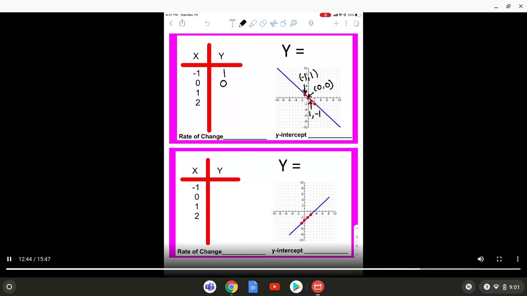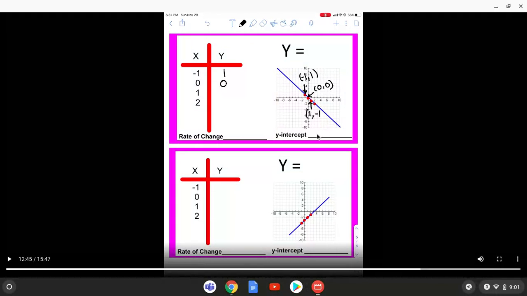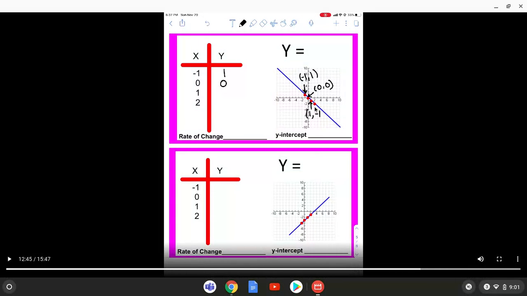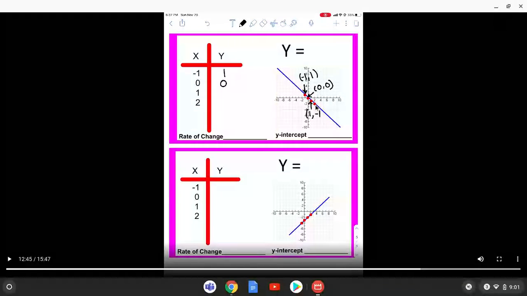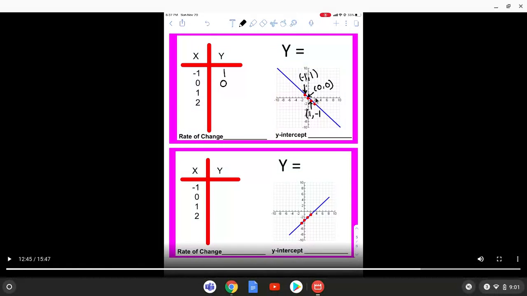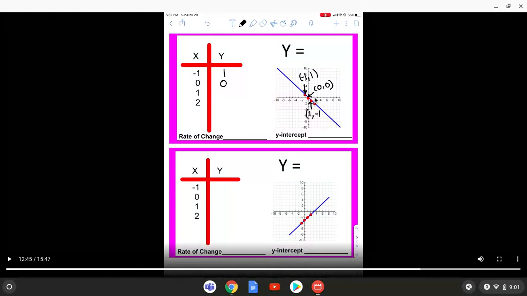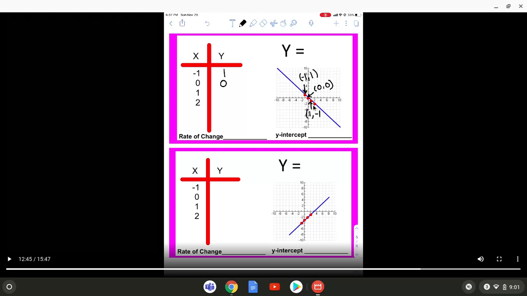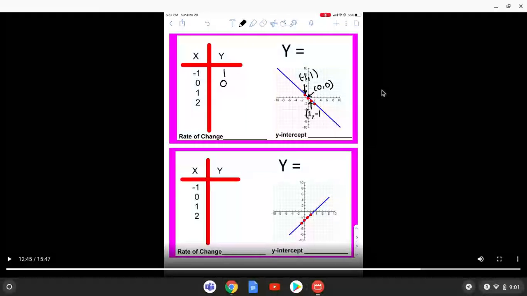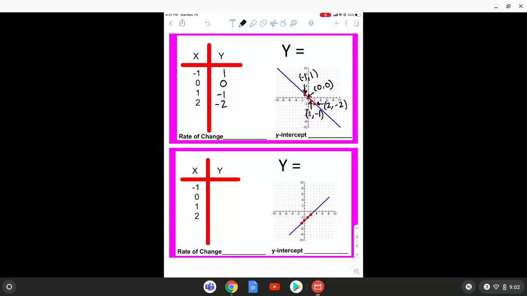So my x is 1 and my y is negative 1. And on this one right here, my x is a positive 2, but my y is a negative 2. So I'm going to have the point (2, -2), because my x is positive and my y is negative.